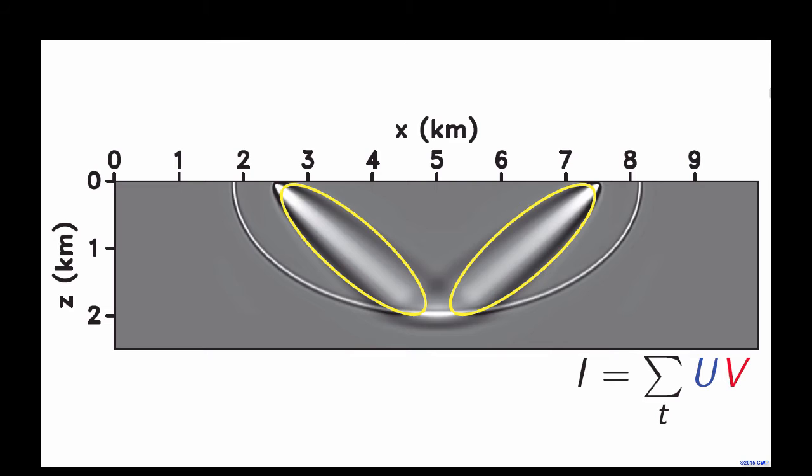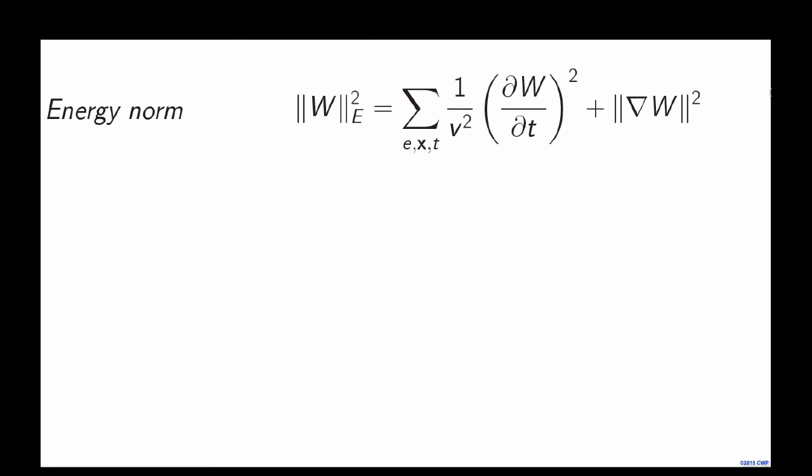Some people have addressed the problem of backscattering artifacts using wavefield directionality. For example, pointing vectors, which describe the energy flux direction using vectors, and also wavefield separation into up and downgoing parts. I want to go one step further here and overcome some disadvantages in pointing vector and wavefield separation methods for imaging, using the energy norm.